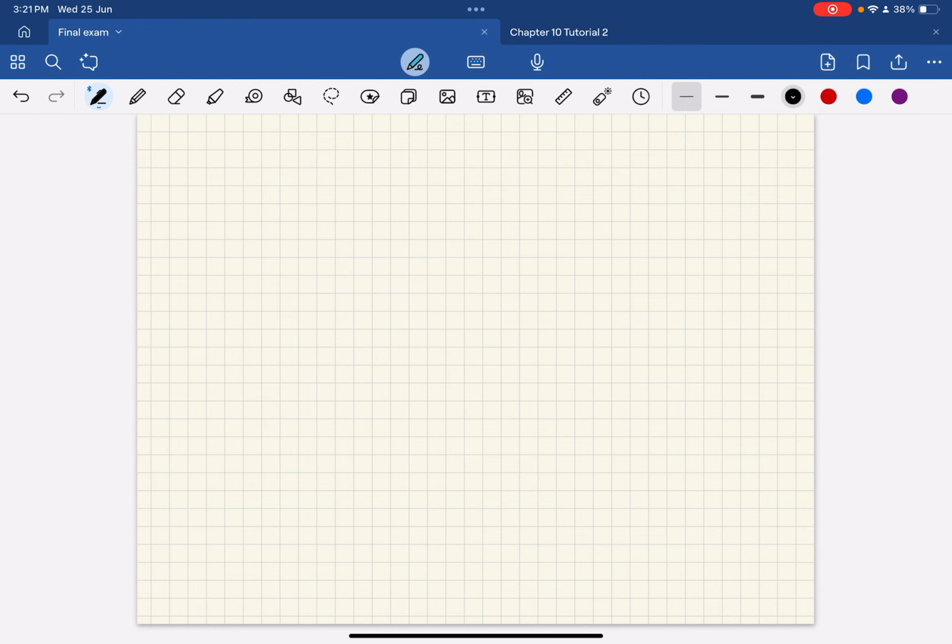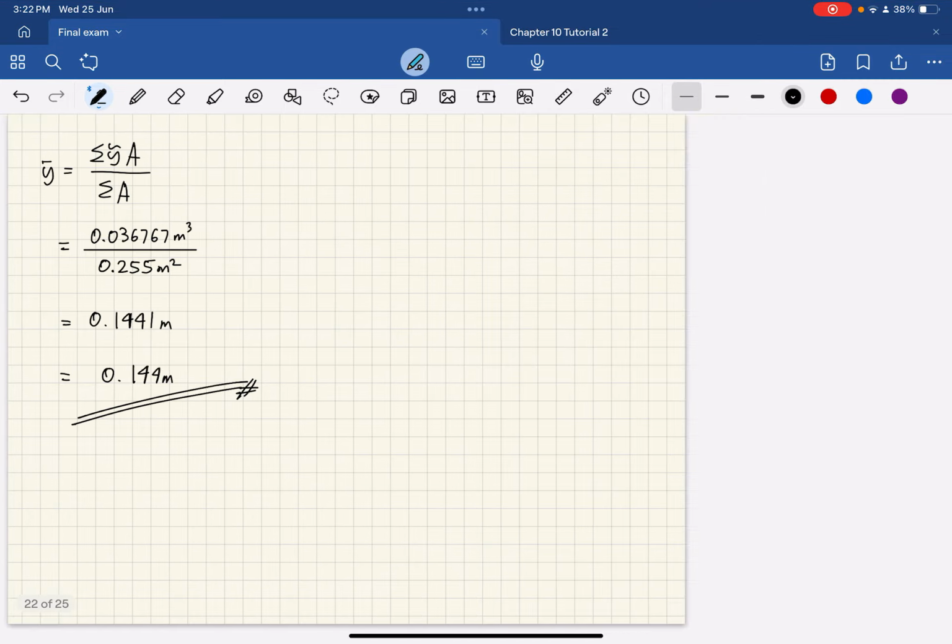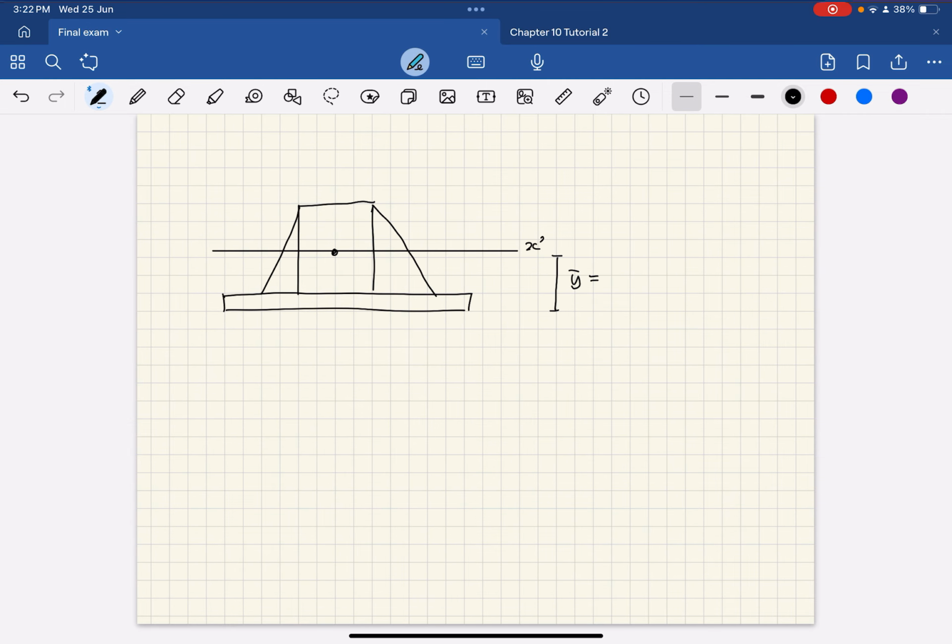Okay, so we have this diagram, and we have the x prime axis. Right, and we already know the y bar, which we're given to be, if I'm not mistaken, 0.1441 meters.